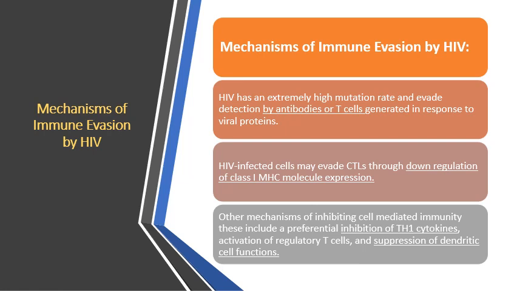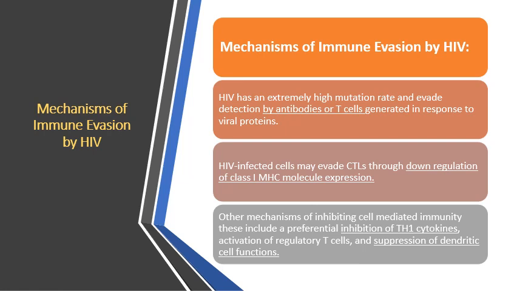Point mutations occur every day in the epitopes that are presented on the virus and virally infected cells, making these antigens drift away from the antibody and T cells generated in response to these proteins.